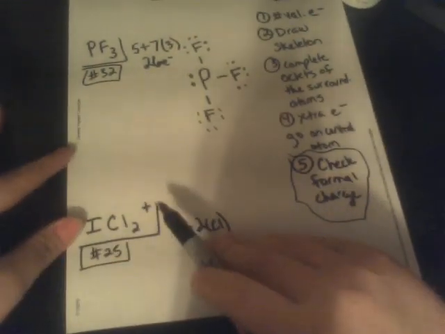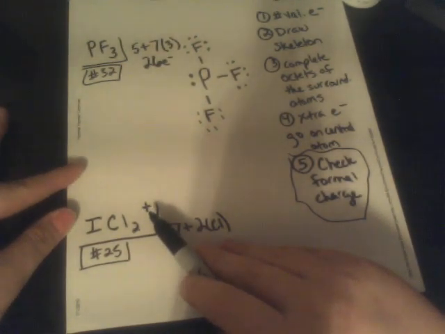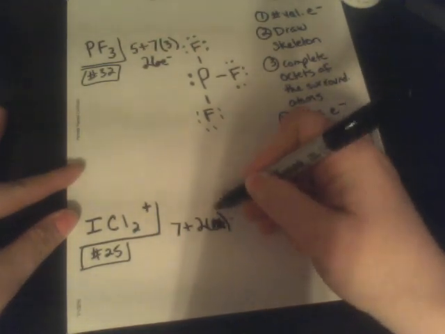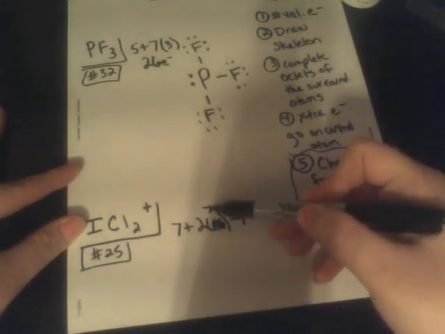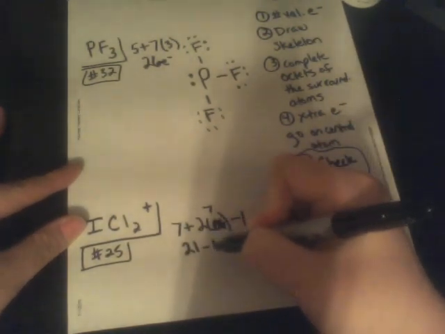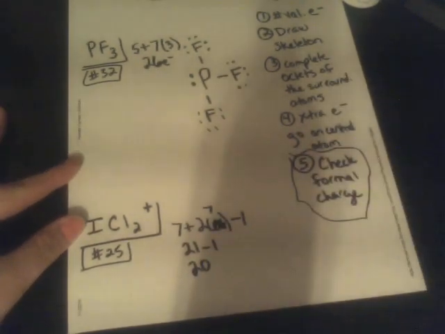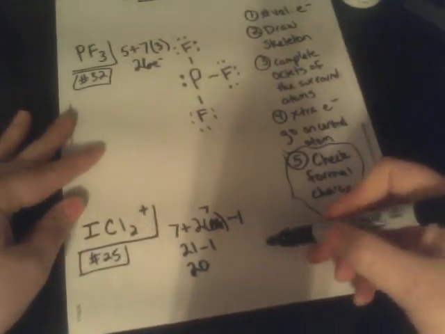Now here's the deal. We have a plus charge here. Does that mean I have one extra electron or I'm missing an electron? It means I'm missing an electron. So I wrote Cl 2 times 7 and then minus 1. So we really have 21 minus 1. So it's really 20. I need 20 electrons in my final drawing. So let's draw it out that way.